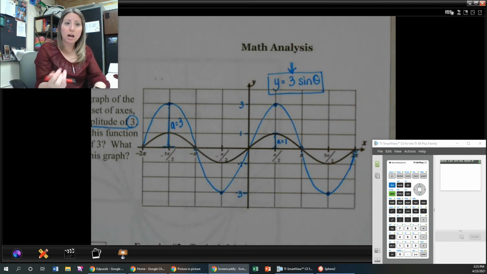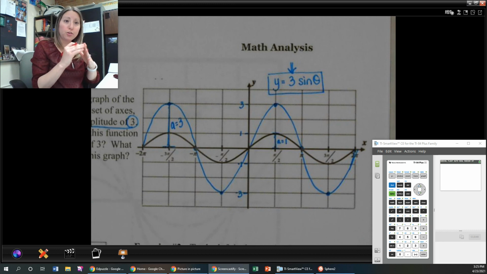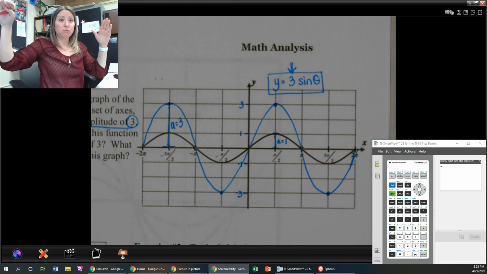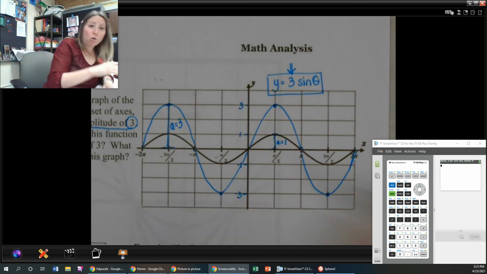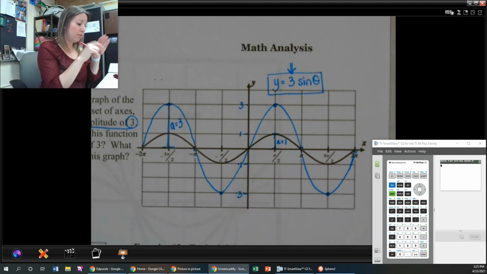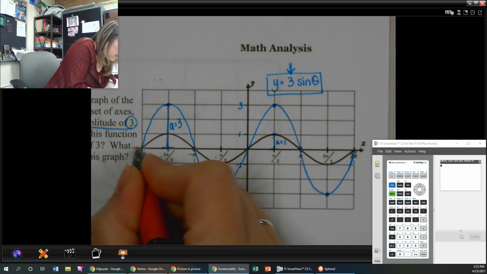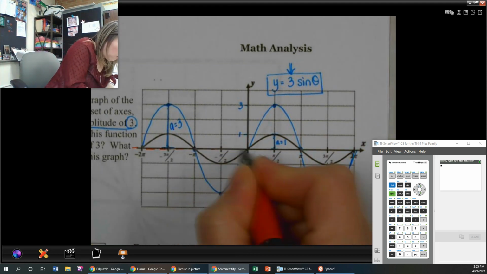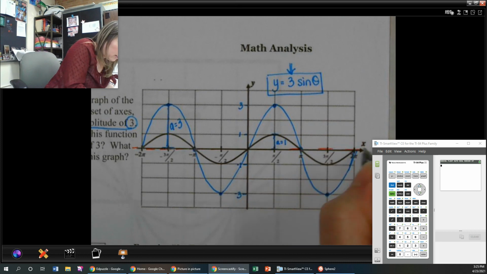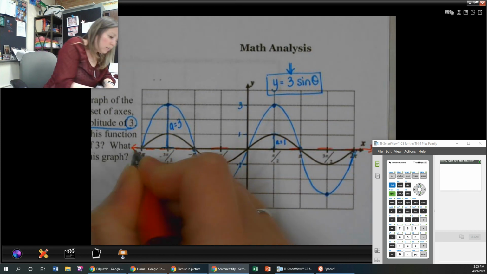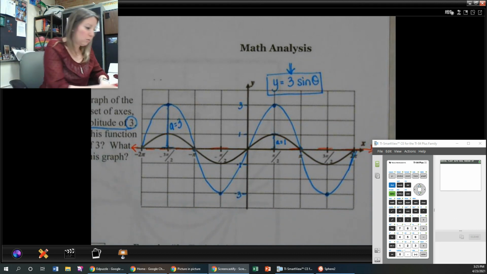The midline is just if you cut the graph in half, what is that horizontal line that cuts the graph in half? And the midline in this case is, of course, what we consider to be our x-axis here. This is the midline, right? It's y equals 0.